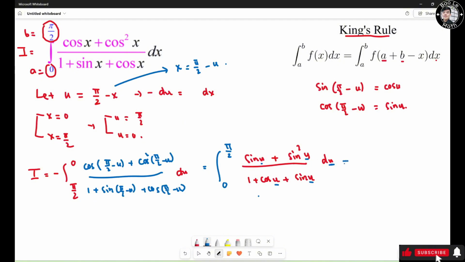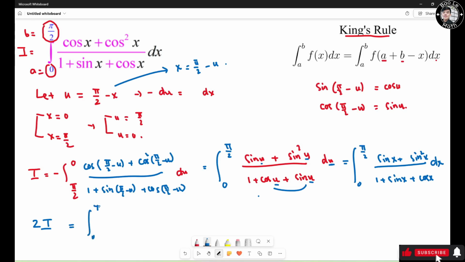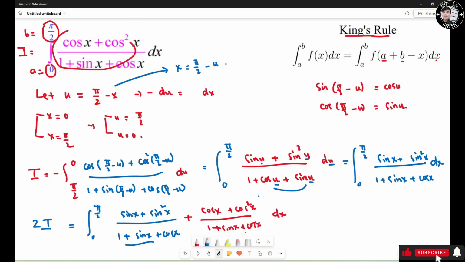So I'm gonna add I to both sides. It turns out to be 2I equals the integral from 0 to pi over 2. I just rewrite this one, and then I'm gonna add another I, which means the original one right here. Now look at the bottom right here, they have the same denominator, so I add the tops. So sine s plus cosine s right here, sine s plus cosine s.